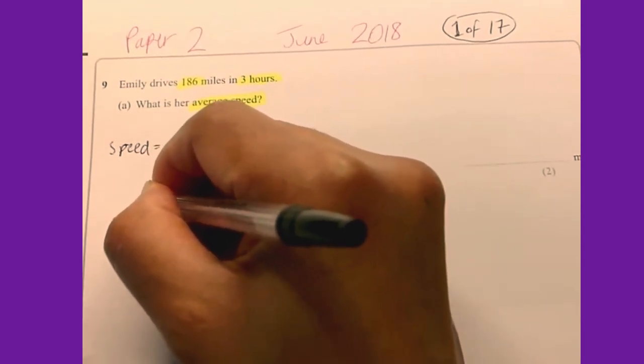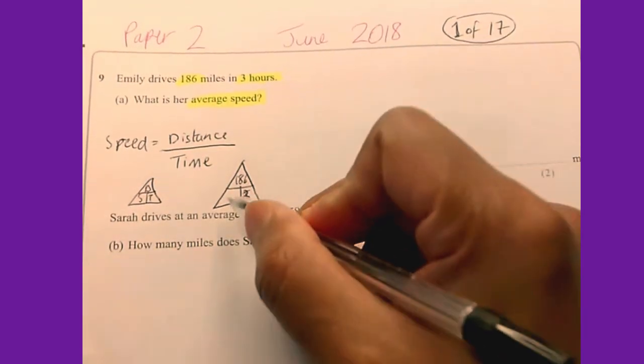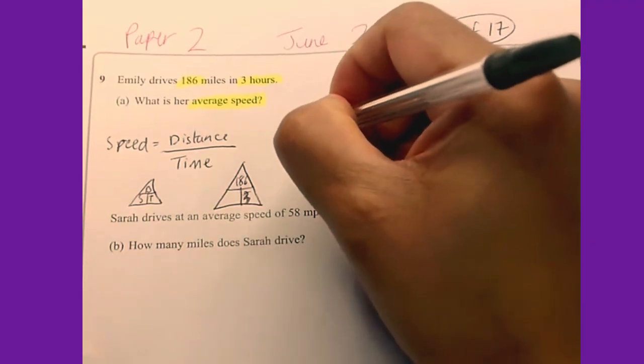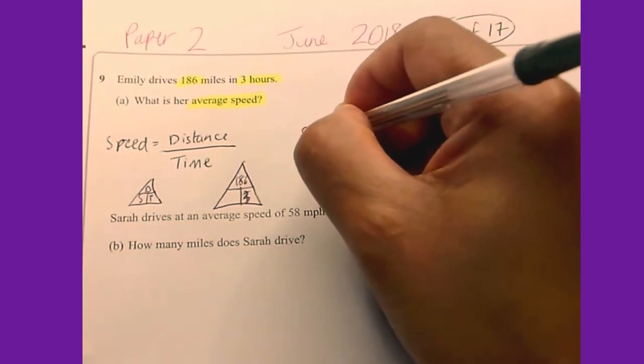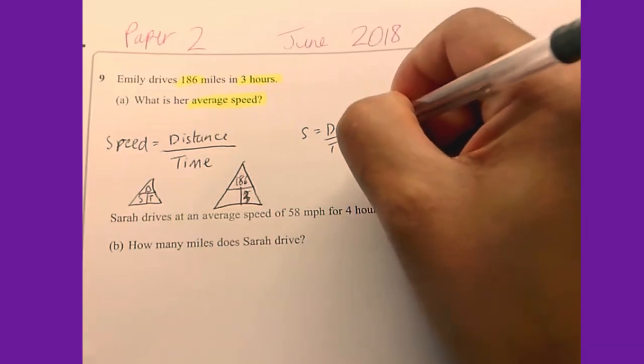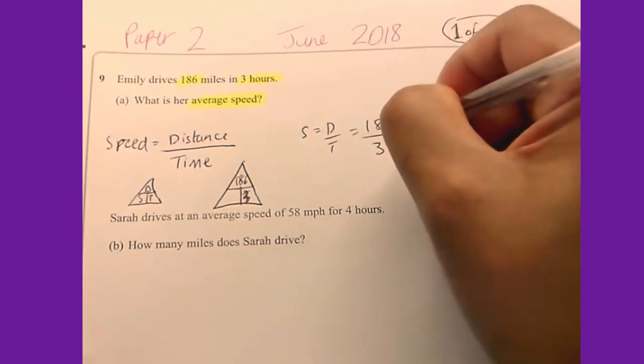Speed, distance, time. And so our speed equals distance divided by time, which is equal to 186 divided by 3.